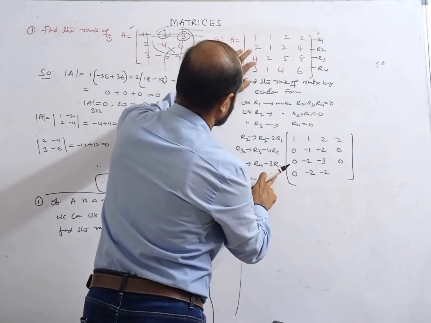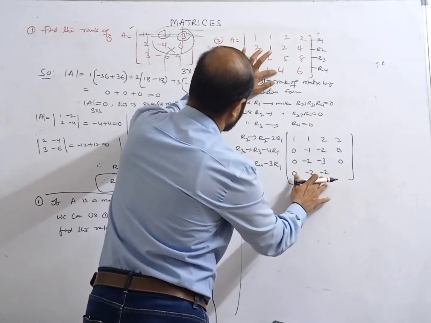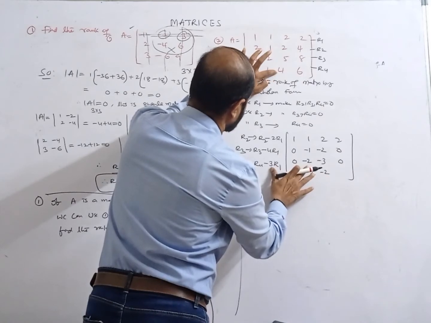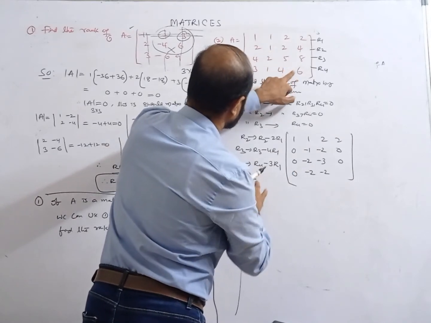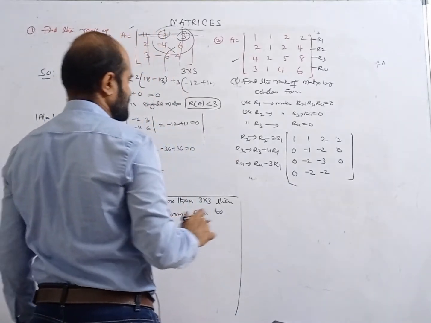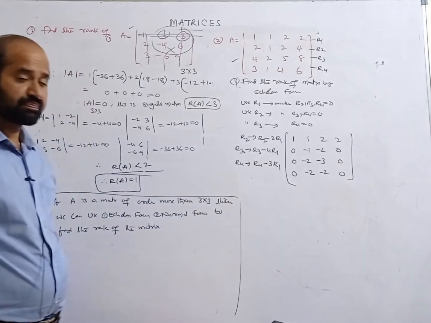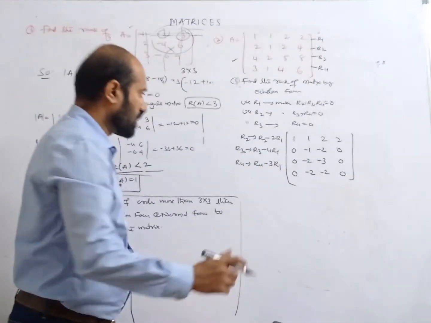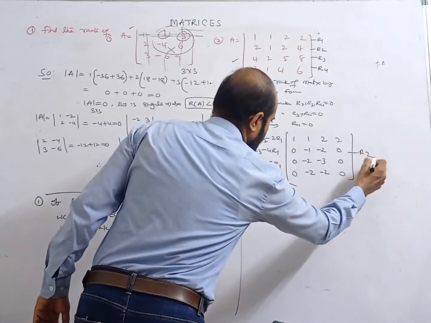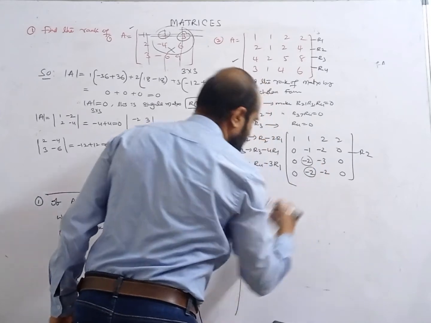R4 minus 3R1 gives 0, minus 2, minus 2, and 6 minus 6 is 0. So this is the matrix, right? By using these operations, I used the R1 row and got this matrix. Now I want to use only the R2 row and make the two rows below it zeros.